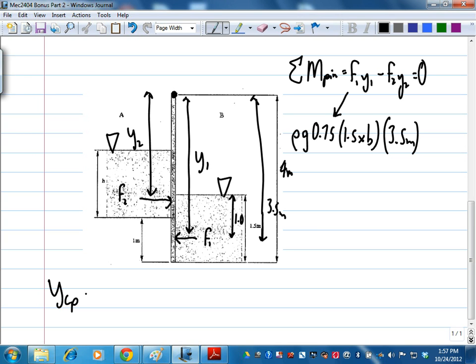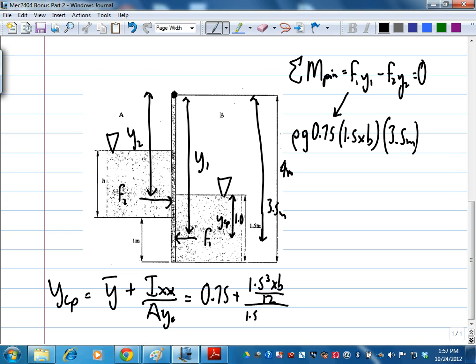You need to do YCP equals, for those who don't believe, Y bar plus IXX over A Y bar. So Y bar is 0.75 plus IXX, which is 1.5 cubed times B over 12, divided by 1.5 times B times 0.75. That should come out to 1 meter. Okay?